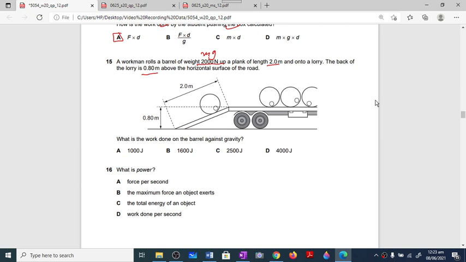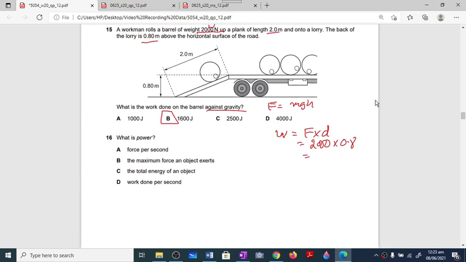What is the work done against gravity? So for this, the energy is equal to mgh, or you can apply the formula work done is equal to force into distance. So force is 2000 Newton because we are moving it against gravity. So the distance we will take is 0.8. So the correct answer is option B.